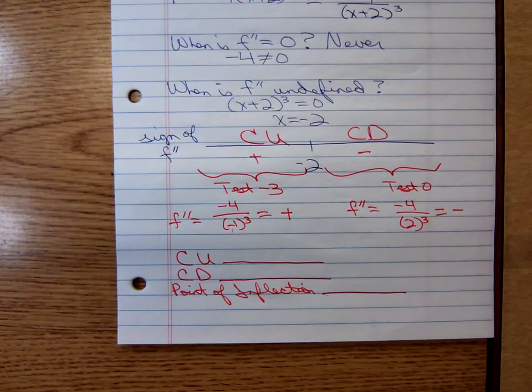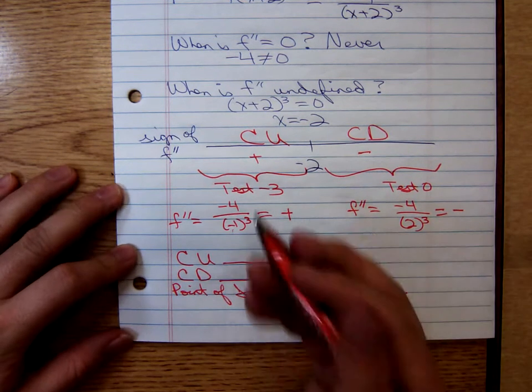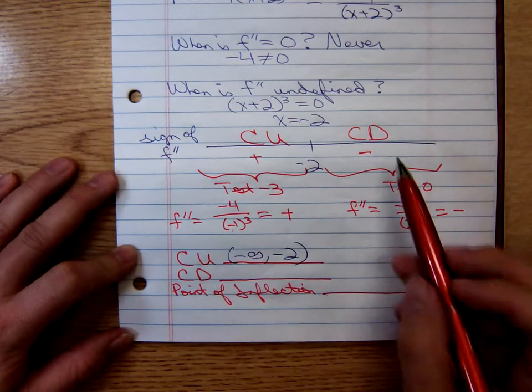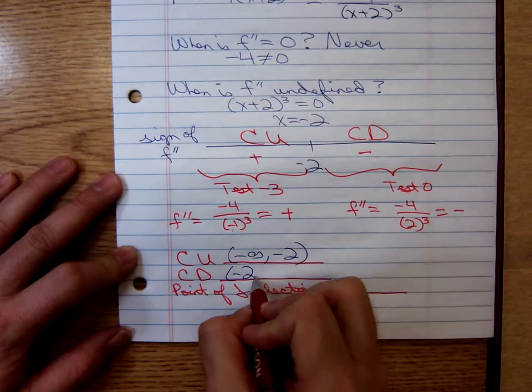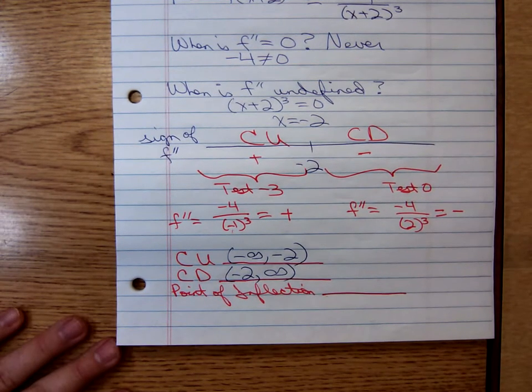Concave upward, remember we defined a graph to be concave upward if the second derivative is greater than 0. Those are open intervals. So from negative infinity up to negative 2. Concave downward from negative 2 to infinity. Point of inflection.